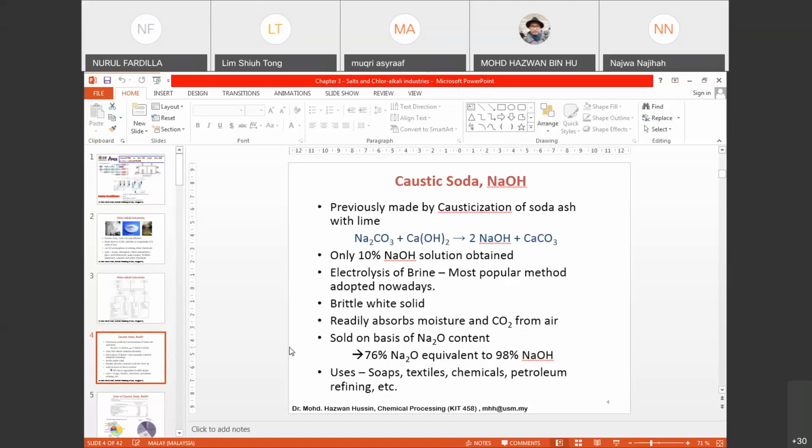So there is a challenge in industry: how to increase the amount of product with low consumption of reactants or raw materials. That is why the most popular method these days is electrolysis of brine. Brine is basically seawater, meaning that NaCl is used as the source to produce caustic soda.